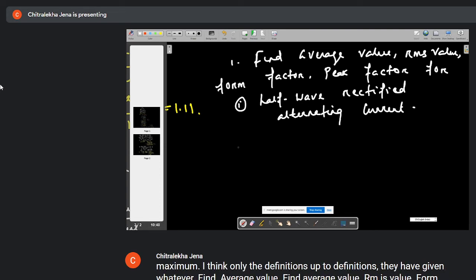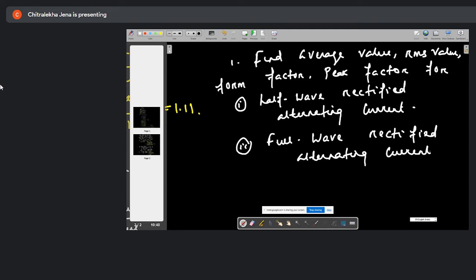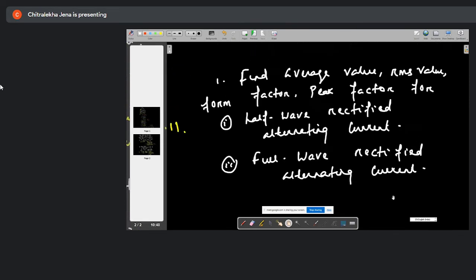Second one is for full wave rectified alternating current. Find out. Do this, after that we will discuss important questions and answers. Find the average value, RMS value, peak factor, form factor.